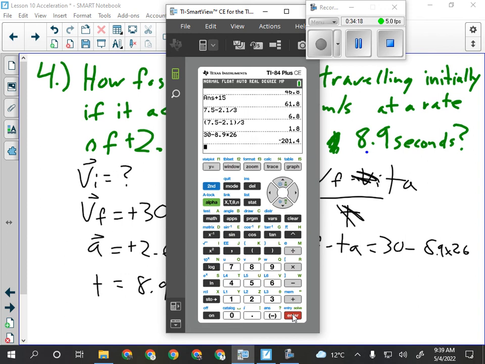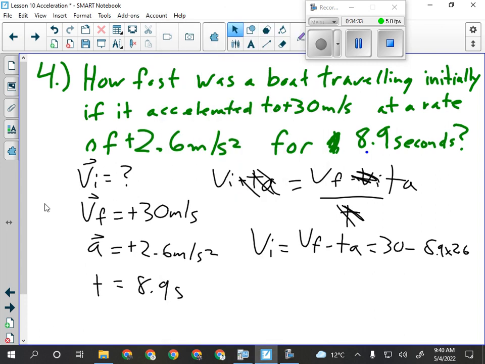Oh, I went 26. No wonder it came up to a weird number. Let's try that again. That's better. 6.86 or 6.7 meters per second would be our initial velocity. Okay, everybody all right with that?